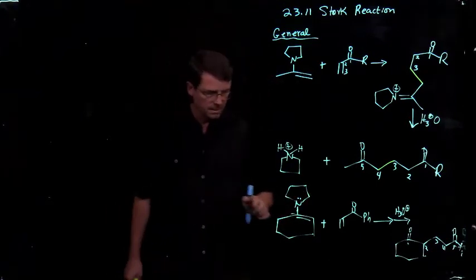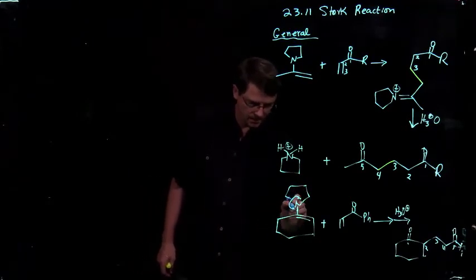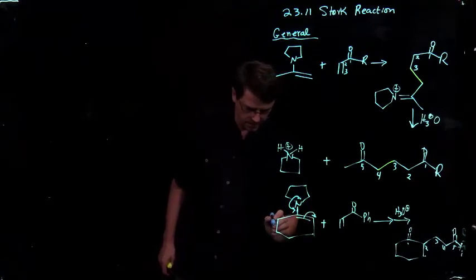So let's take the cyclohexanone here and look at why this reaction occurs. We saw this a little bit already in enamines. There's a resonance form where we can bring that lone pair down, push that pi bond over here to the alpha carbon.